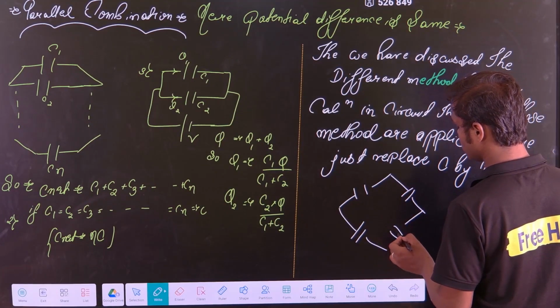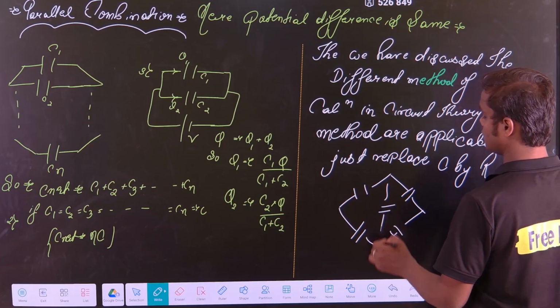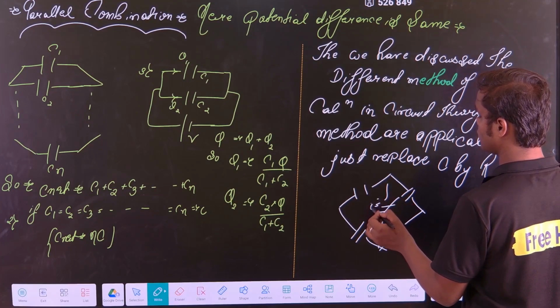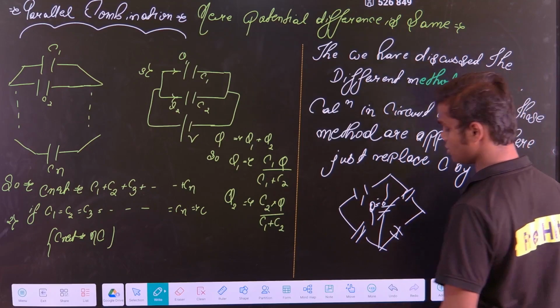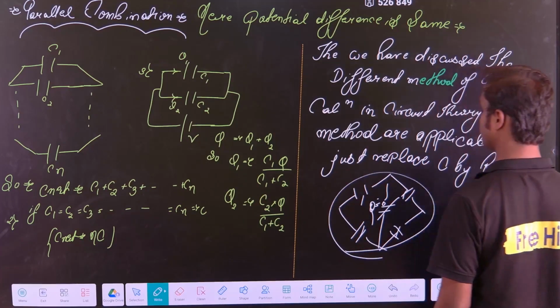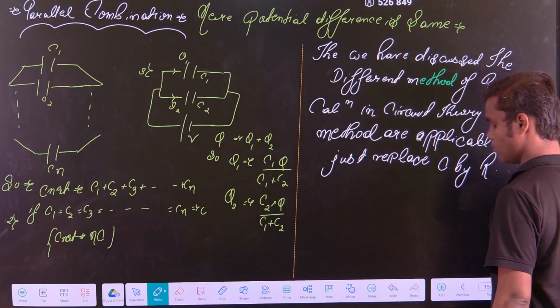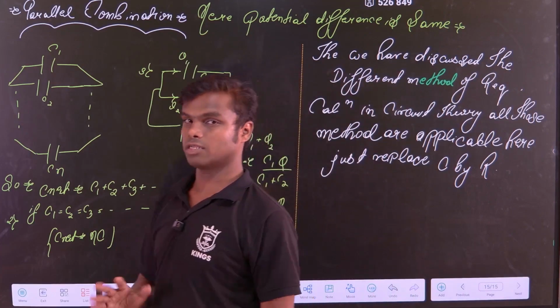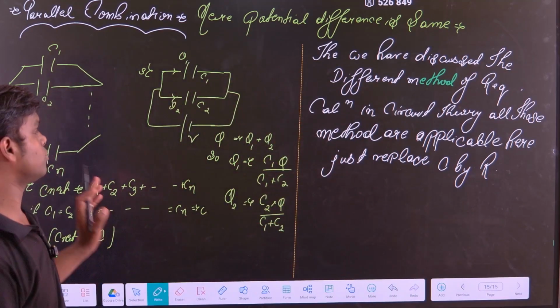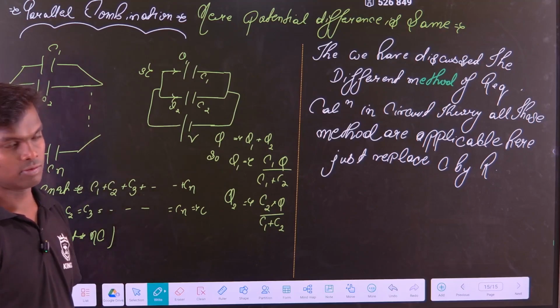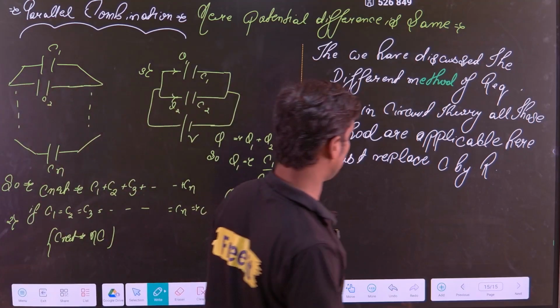The current in this will be 0, or you can say charge will be 0, while this upon this and this upon this is the same. There is no problem with this. It is similar to what we have done in current electricity. So all the rules which we have covered in current electricity are valid here also. No need to follow any other rule.